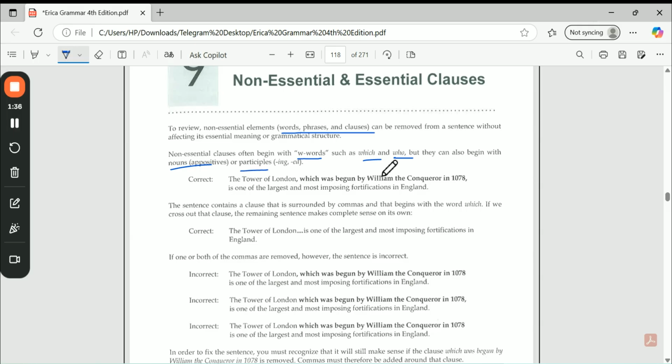So, for example, the Tower of London, which was begun by William the Conqueror in 1078, is one of the largest and most imposing fortifications in England. The sentence contains a clause that is surrounded by commas and that begins with the word which. If we cross out the clause, the remaining sentence makes complete sense on its own.